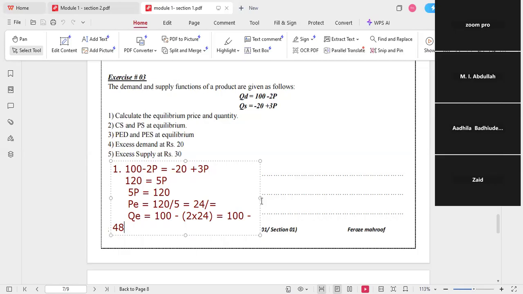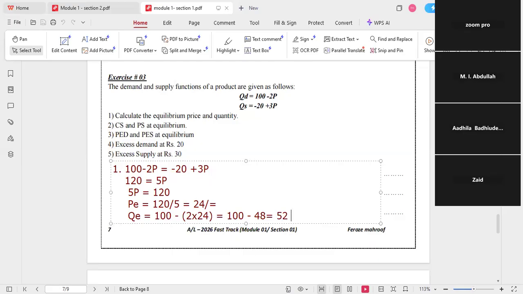So 52 units. 52 units equilibrium quantity. Therefore, don't forget, equilibrium price is 24 rupees, equilibrium quantity 52 units. Okay. So everybody understood price and quantity?